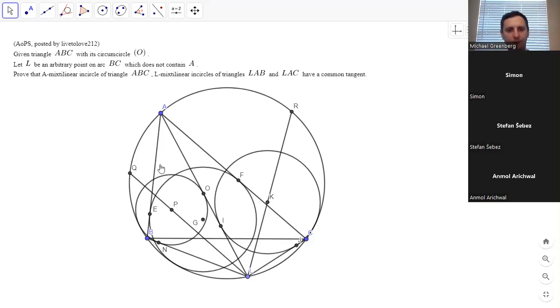Can we use Monge's theorem? So what if we start with this, this, and this? Okay, so by Monge's theorem, the x-similicenter of these two lies on this.